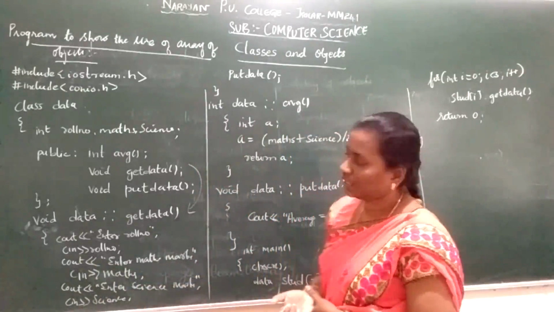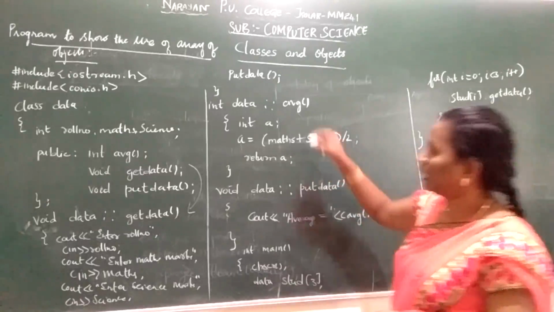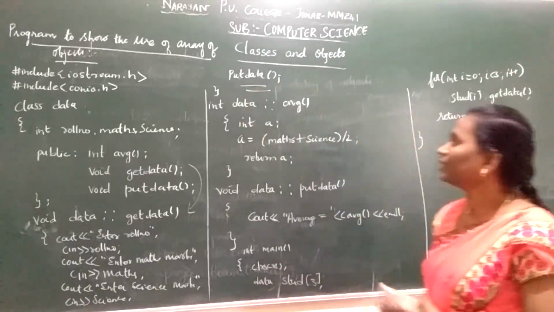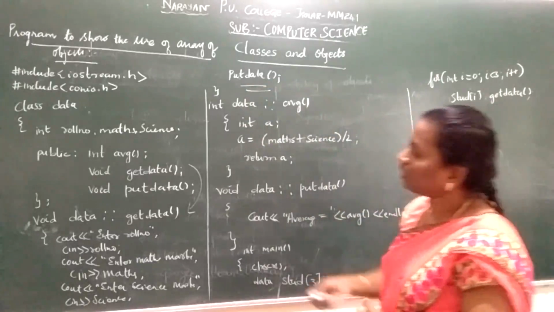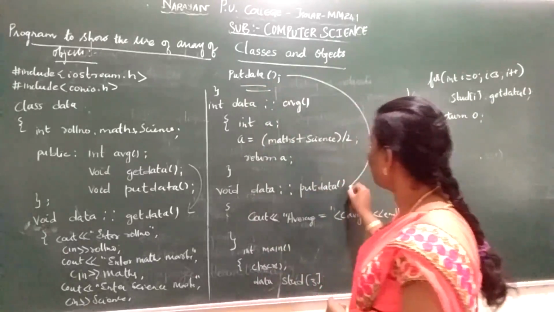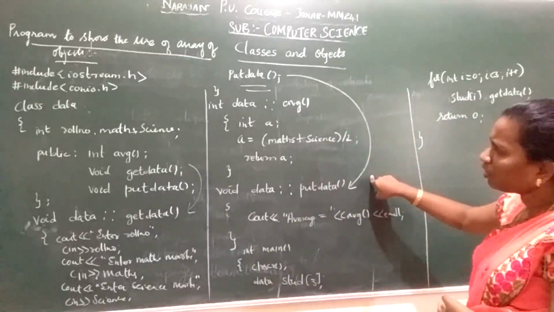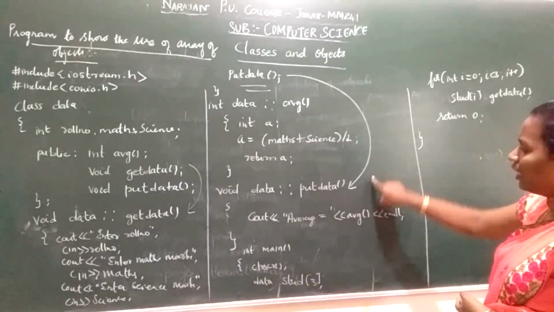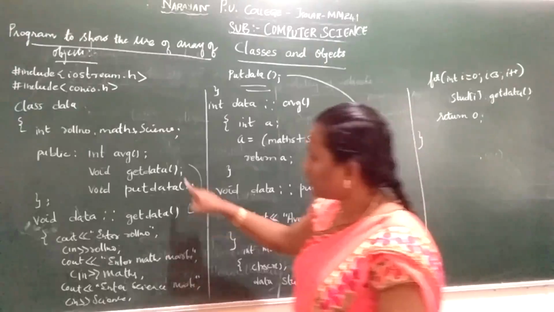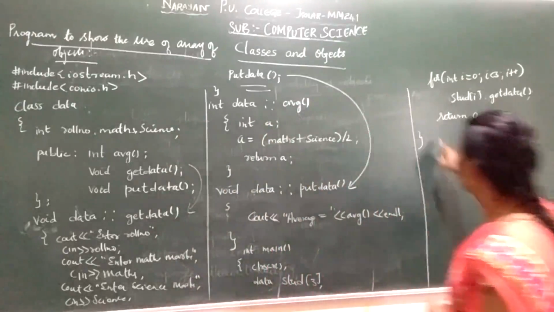Inside this I have one more function call, put data. After the control goes from get data to put data, once I read all this, there will be a put data. Before that, inside the put data I have average. I repeat, the program execution begins from your main function.